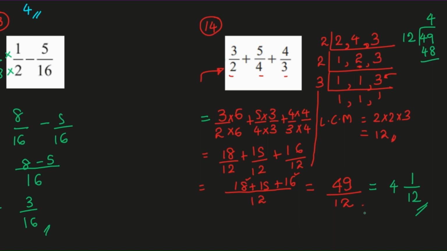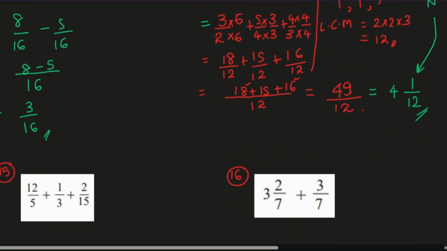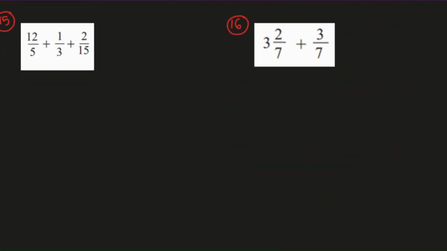And if you subtract 48 from 49, the answer will be 1. So that is the whole number part, right? This is the denominator and this is the numerator. And that's what I have shown here. Understood? Great. The next question.